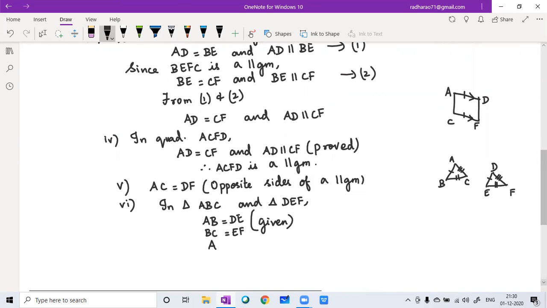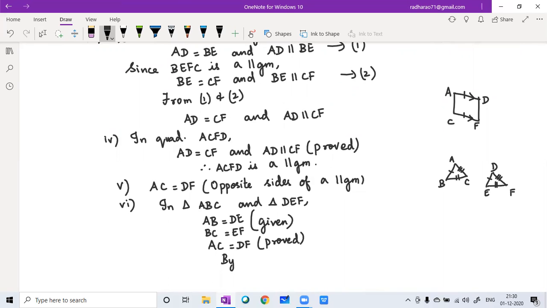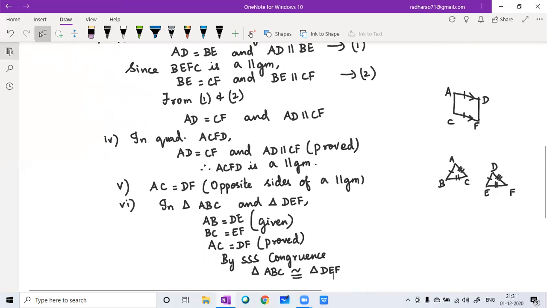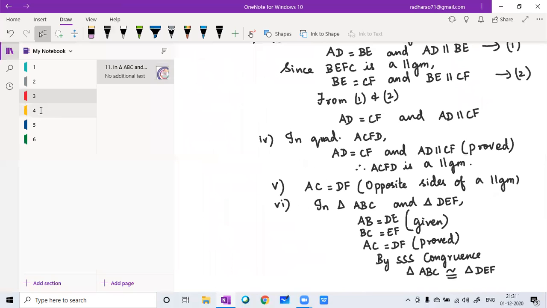So three sides of both the triangles are equal. So by SSS congruence, these two triangles are congruent. Which two triangles? Triangle ABC is congruent to triangle DEF. Yes. So let us move on to the next question.